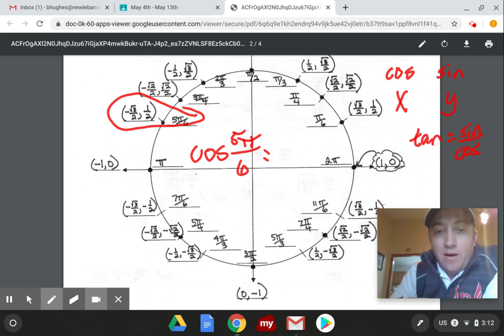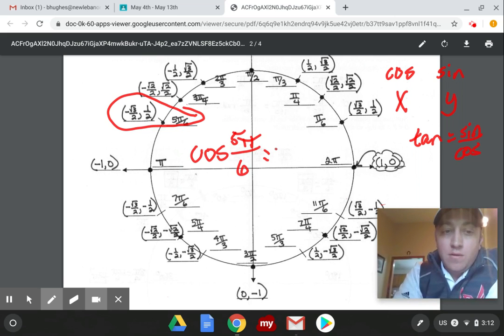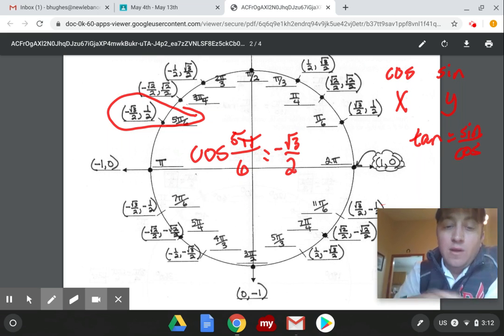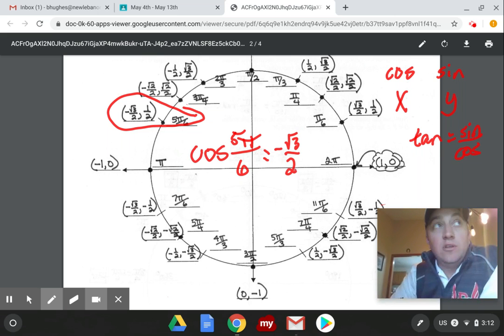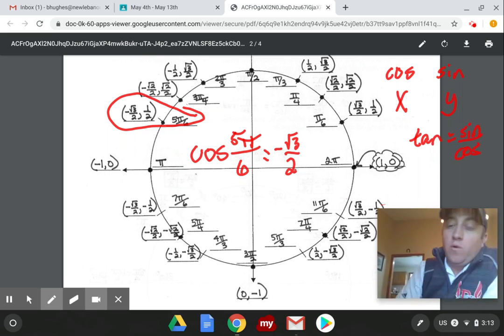My ordered pair, what is the x value of that ordered pair? Negative square root of 3 over 2. That is how you are going to use the unit circle to get your answers. I go to that particular part of our unit circle, 5 pi over 6. And since it's cosine, I need to know the x value of that ordered pair.